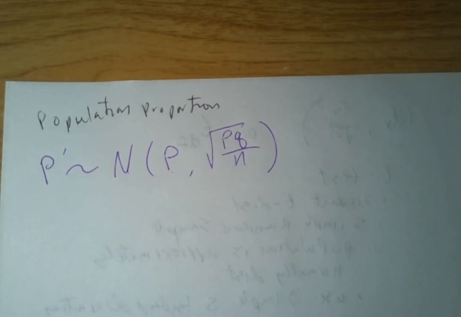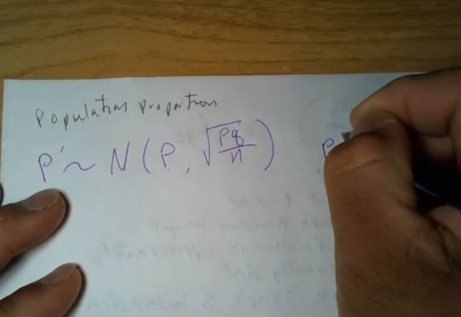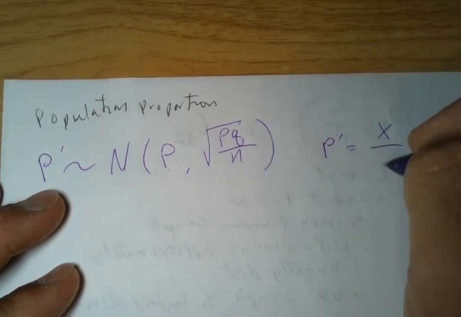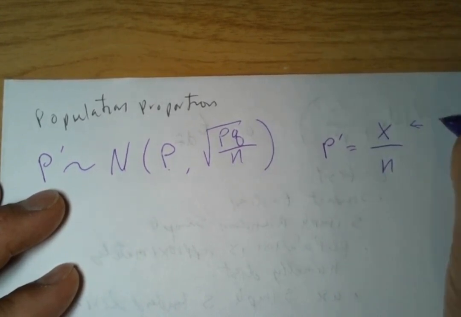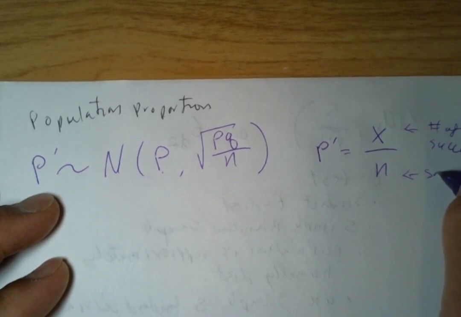So if we know that, let's say, 30% of the population smoke cigarettes, then that would be our P, our previous value, the one that we are going to test whether it is not true. Okay, now our P prime, our sample proportion, is X over N, where X is the number of successes from our sample, and N is, as always, the sample size.